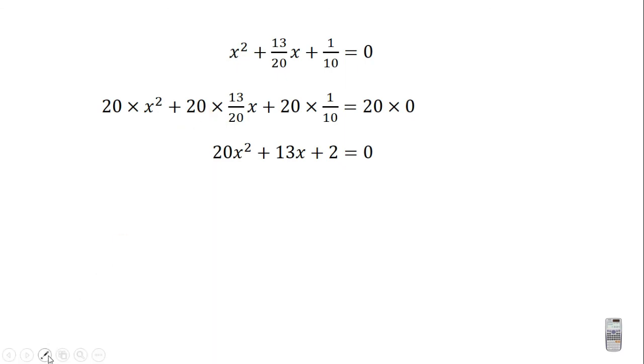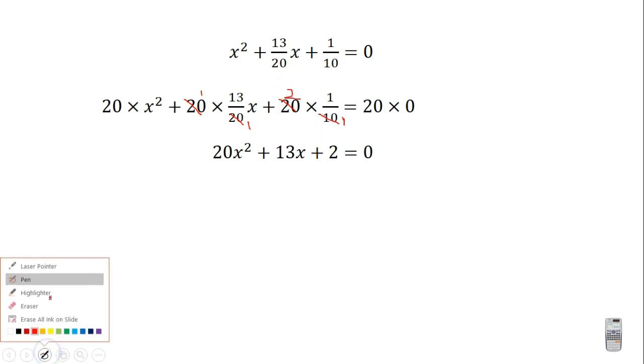When you come here, you will see that 20 will cancel 20, and in the same way, 10 will cancel into 20.